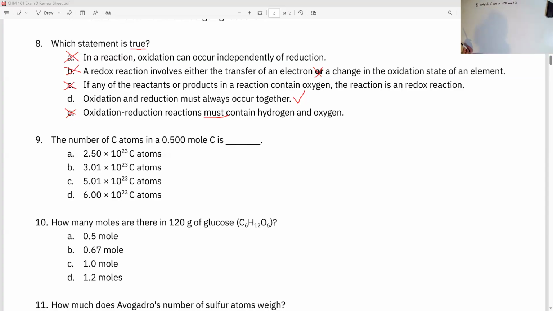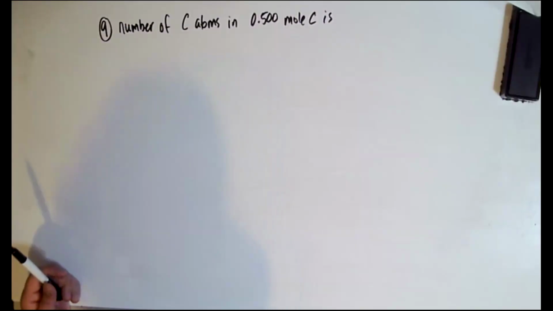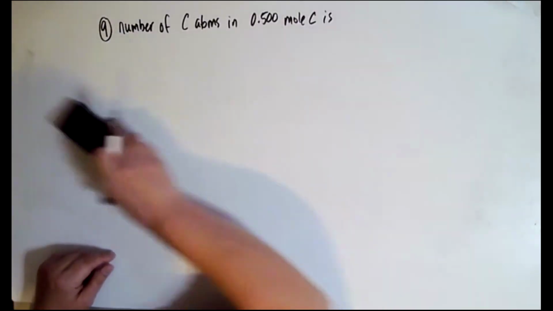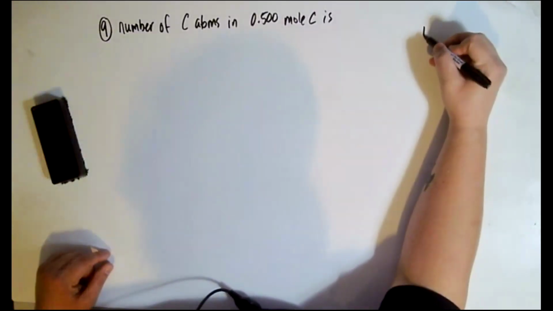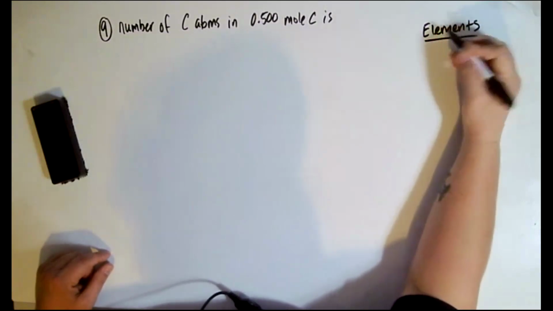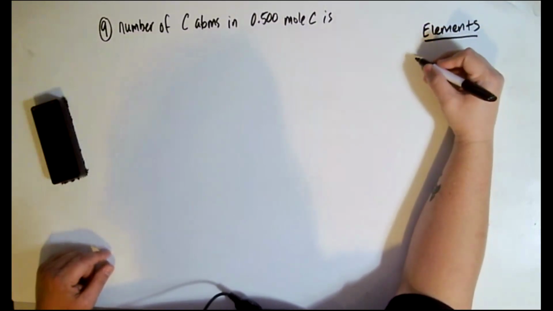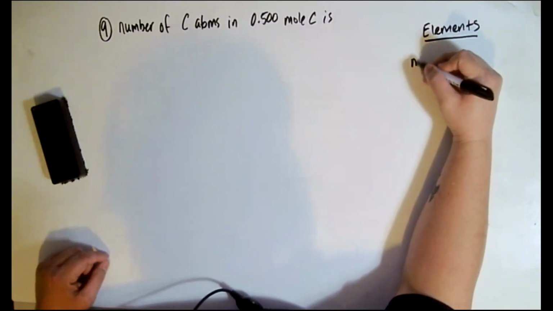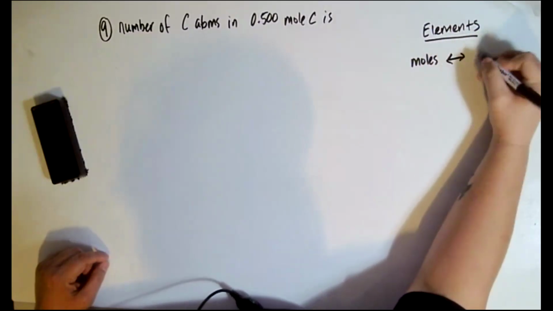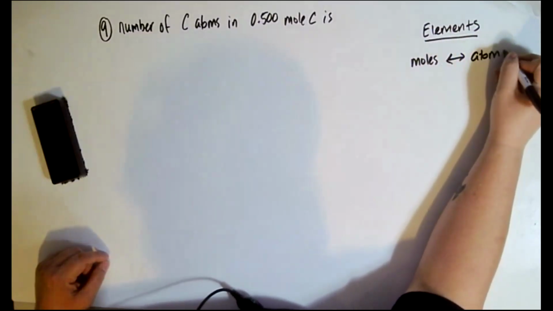Okay, so we'll start here. Remember that when we're talking about elements, we can use Avogadro's number to go between moles of an element and atoms of an element.